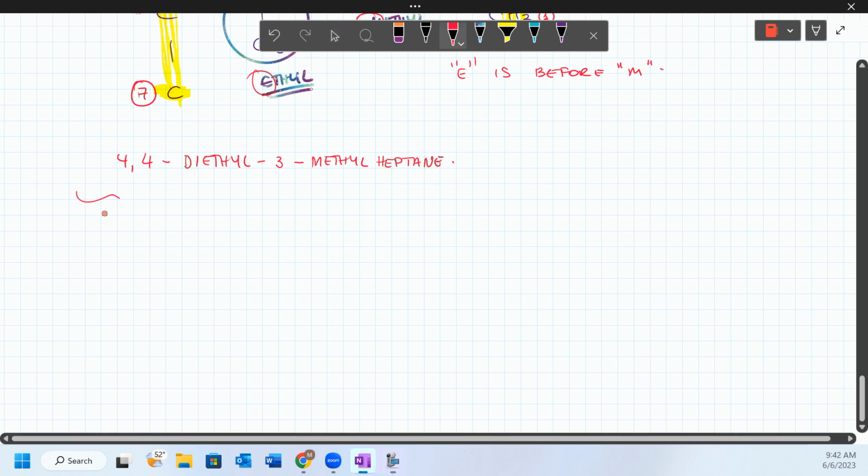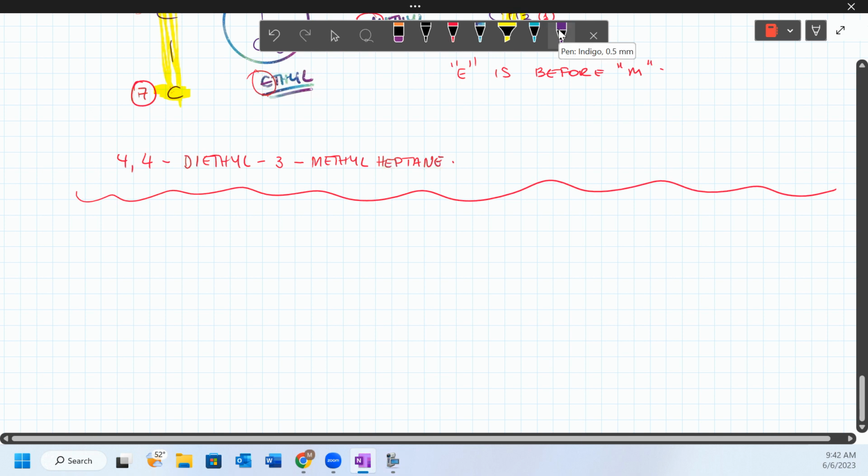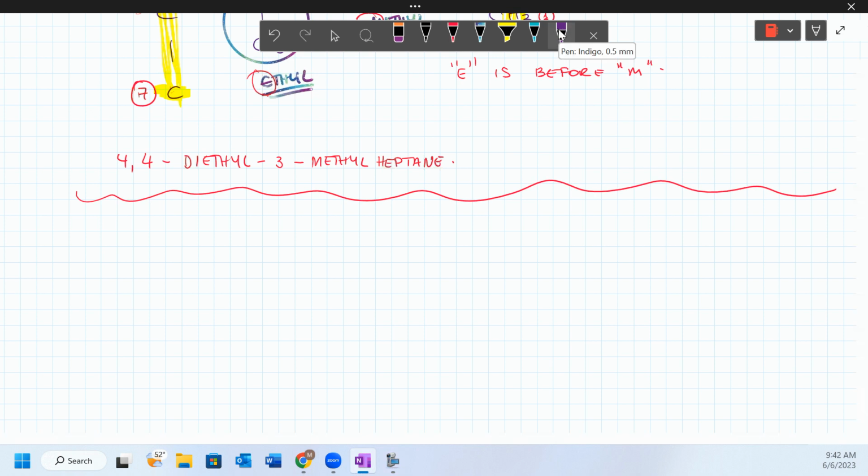We will use pretty much the same logic and the same structure as we used for alkanes, the aliphatics. But you have to keep in mind that the longest carbon chain must include the double or the triple bonds.